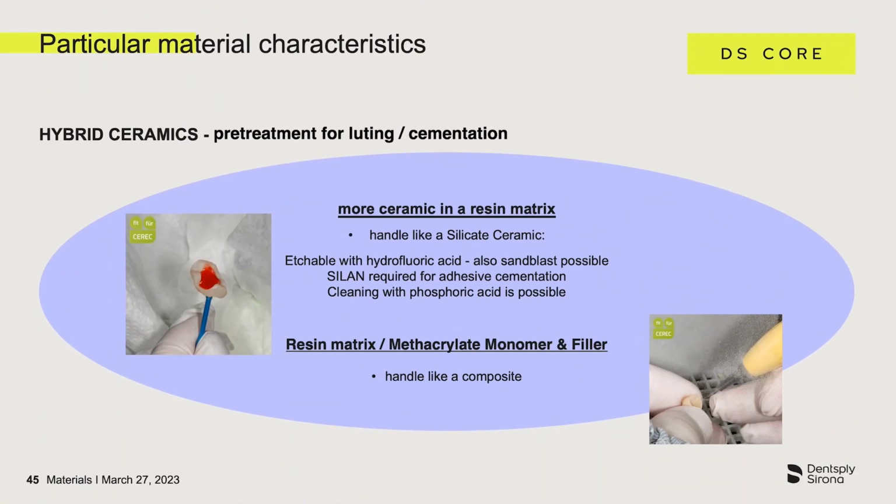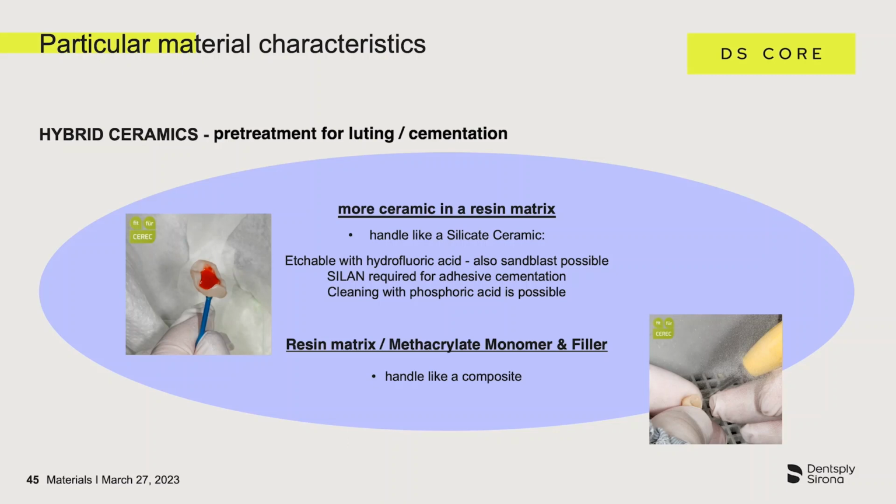As a result, the main component of the material determines the pre-treatment for adhesive cementation. If we have more ceramic in a composite matrix, this material is to be treated like a silicate ceramic. It can be etched with hydrofluoric acid, but the surface can also be enlarged by sandblasting. Silane is required for chemical bonding. Cleaning with hydrofluoric acid has no negative effect on adhesion.